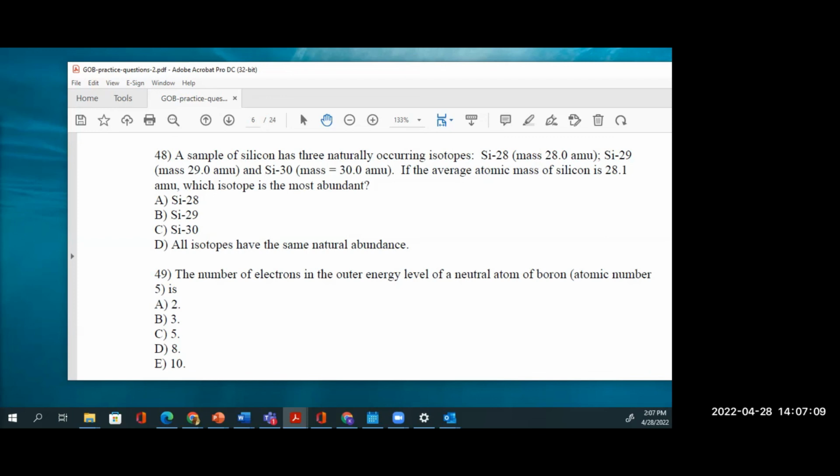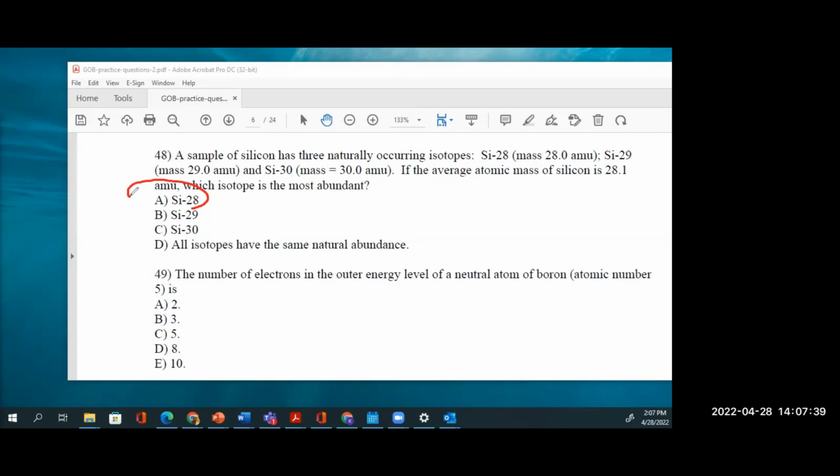So this says it's 28.1, right? So is it closer to 28 or is it closer to 30? It's closer to 28. So who do you think is going to be the most abundant? Take a guess, A, B, or C. Okay, A is the correct answer. Since this is really close to 28, 28 has to be most abundant.